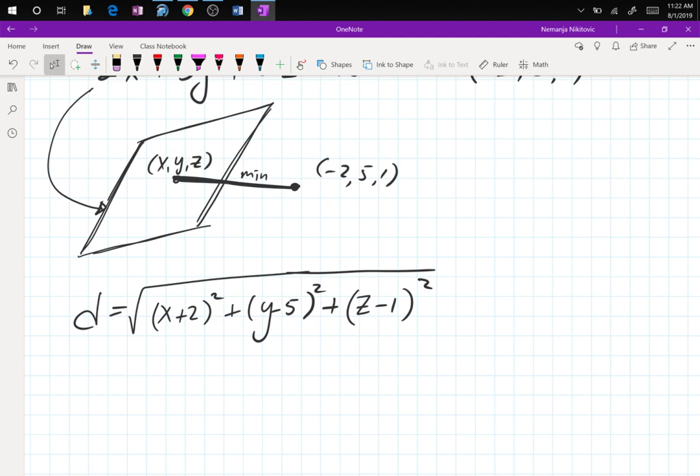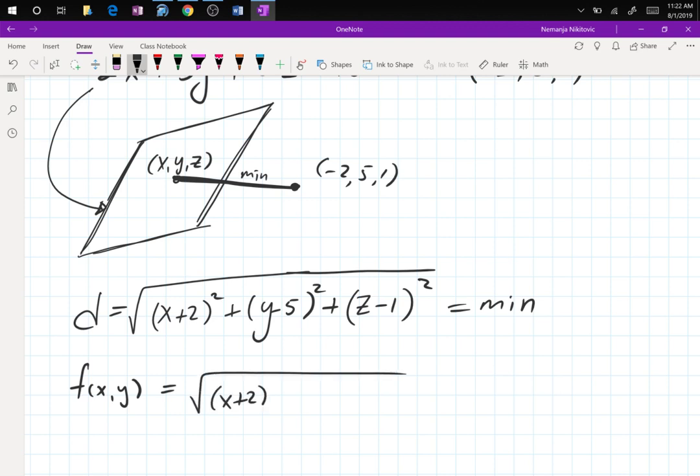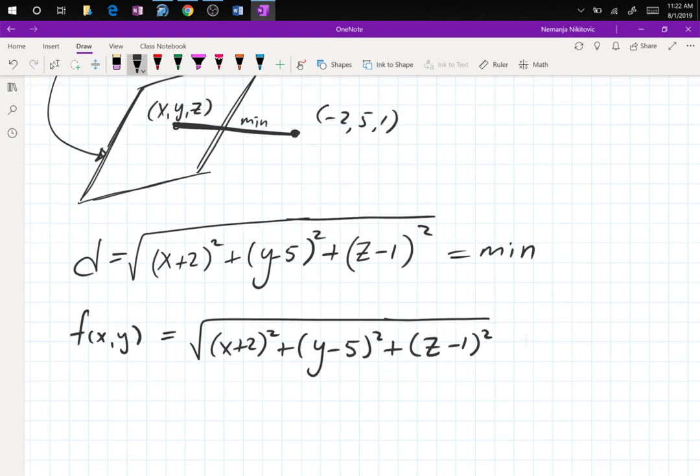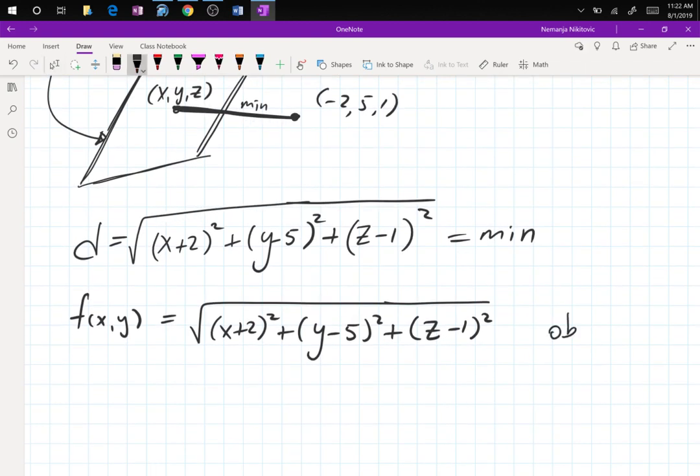So we need that to be minimum. So we know that our f of x, which is the objective equation, is the distance formula. So the square root of x plus 2 squared plus y minus 5 squared plus z minus 1 squared is our objective equation.